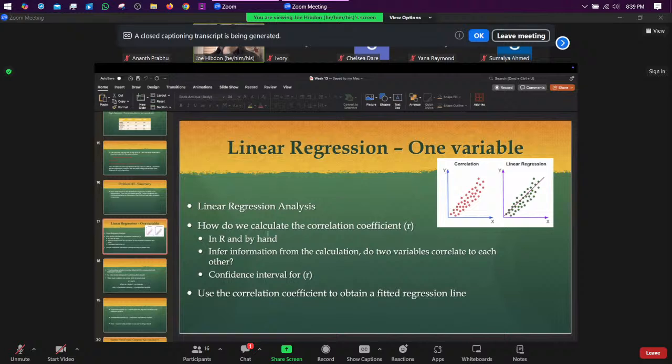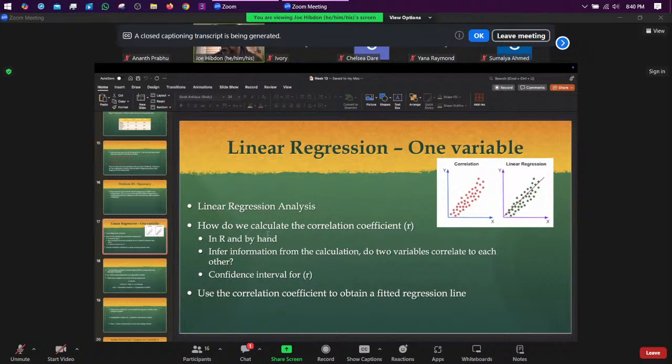The question is, this is known as the correlation coefficient. Has anybody seen this in any of their papers? A linear regression? I was going to meet with you to talk about this for my project. Okay, yeah, we can meet. We can do it in R and by hand.